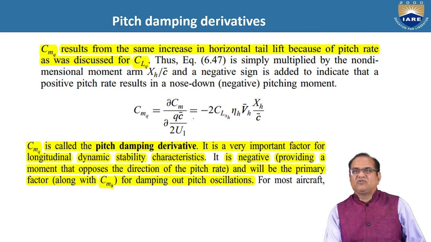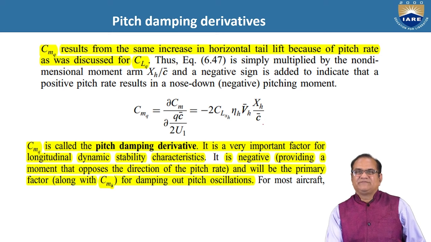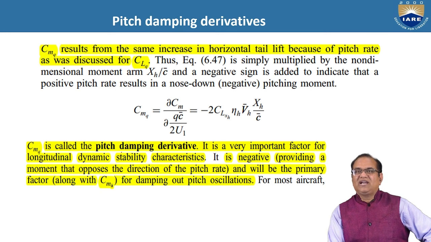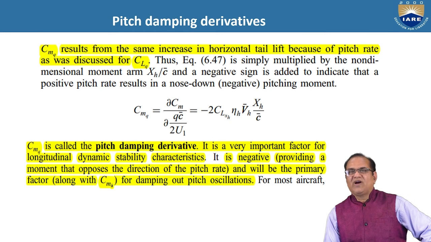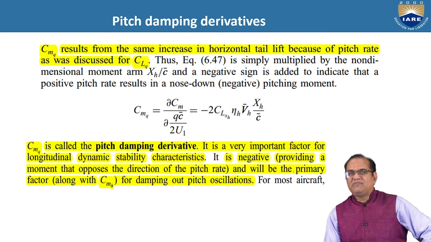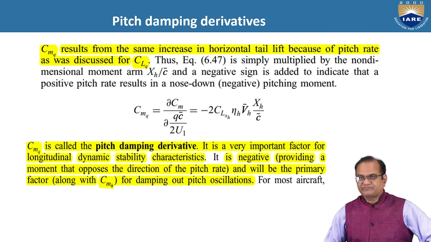So CMQ is equal to minus 2 CL alpha H eta H VH XH by C bar. CMQ is called the pitch damping derivative. It is a very important factor for longitudinal dynamic stability characteristics. It is negative, providing a moment that opposes the direction of the pitch rate, and will be the primary factor along with CM alpha for damping out pitch oscillation.